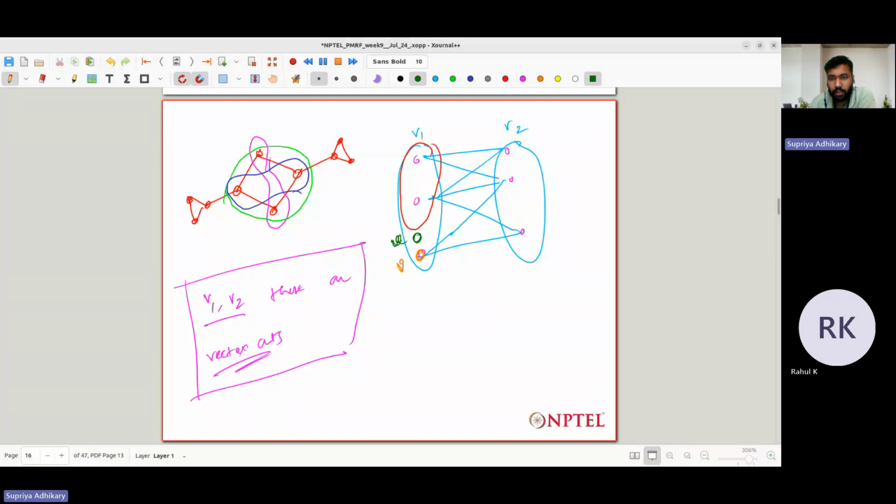Then definitely there exists a path, because we are not deleting anything from V2, and this is a complete bipartite graph. So there exists a path like this, where, let's say, Z is any point in V2. Similarly, if we consider any two points over here, let's say U dash and V dash, then there exists a path like this.